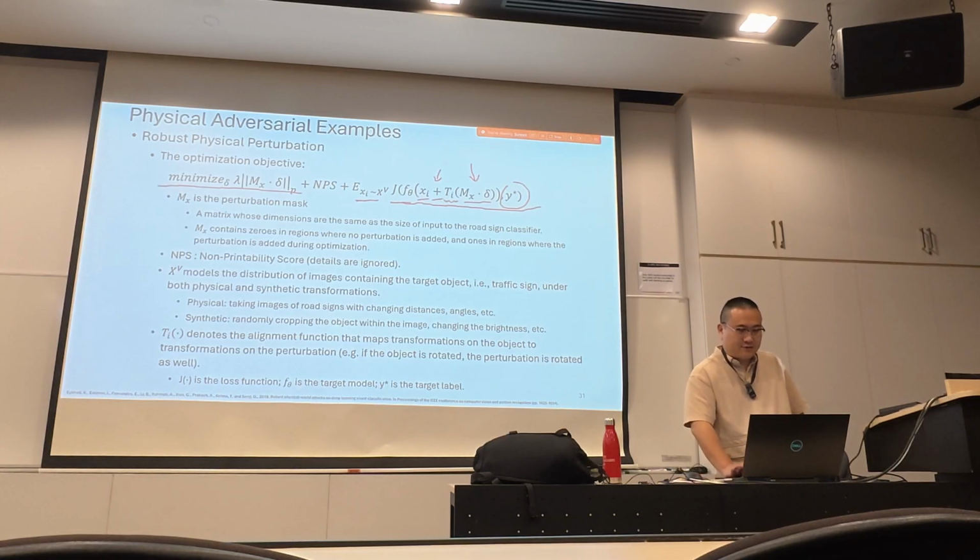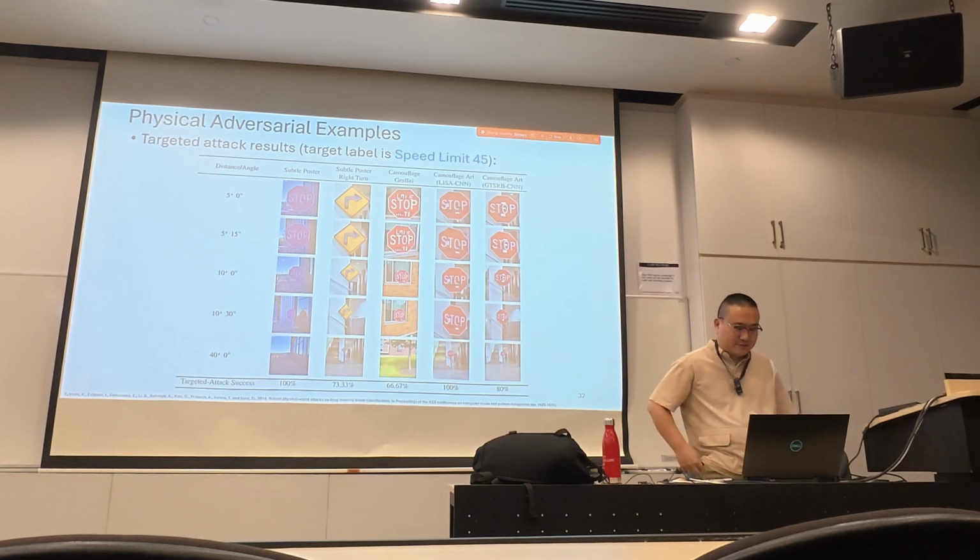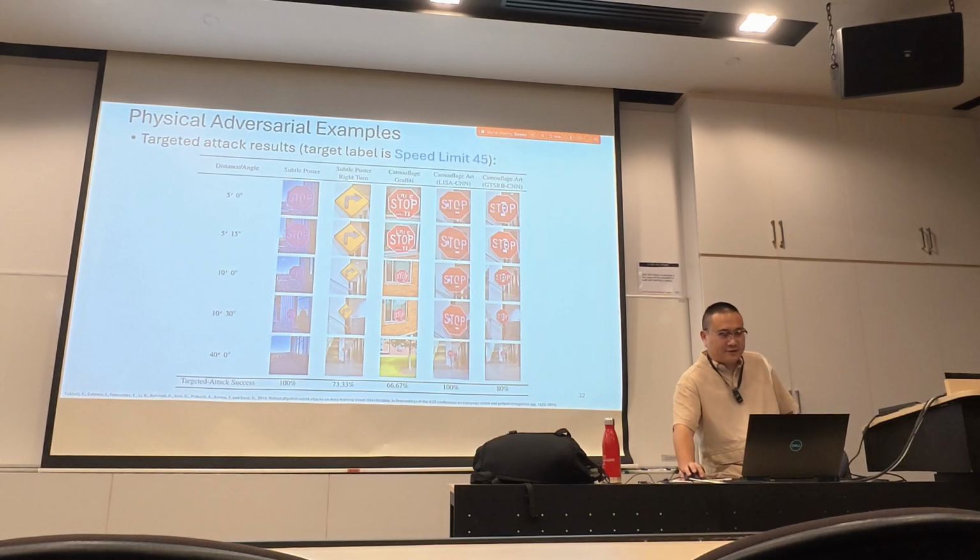So let's look at the results before we have a break. So here we see the physical adversarial attacks. Here the target label is the speed limit 55. And what we do is that after we generate the attacks, we just print out the attacks and then put the attacks on the traffic sign.